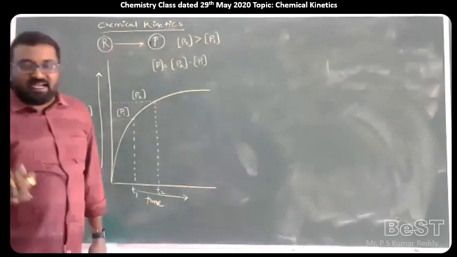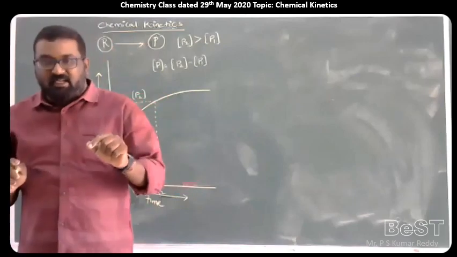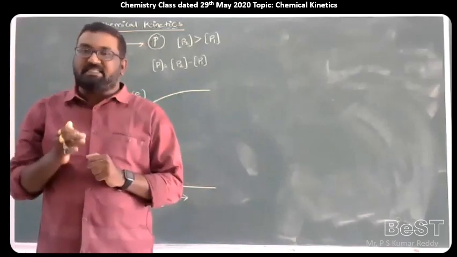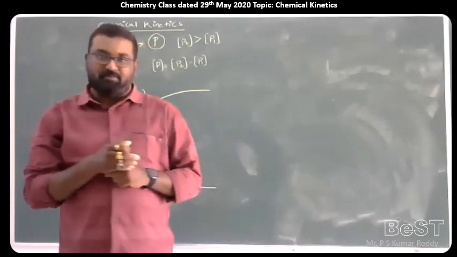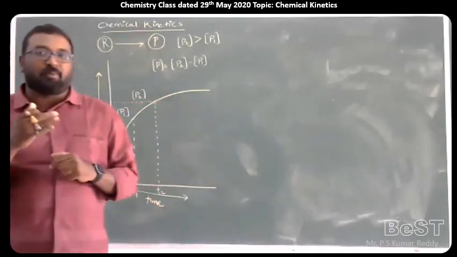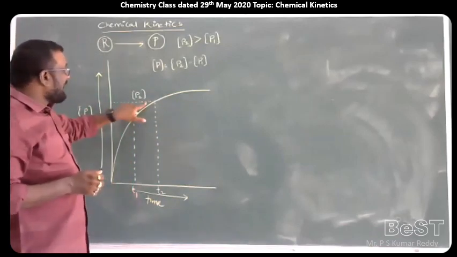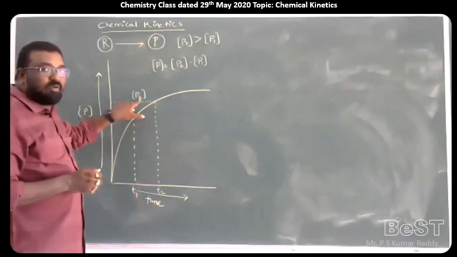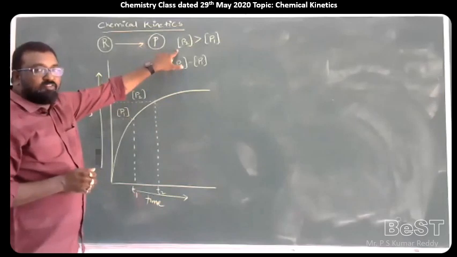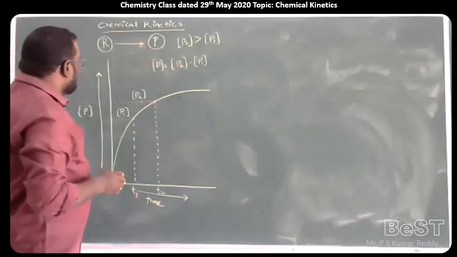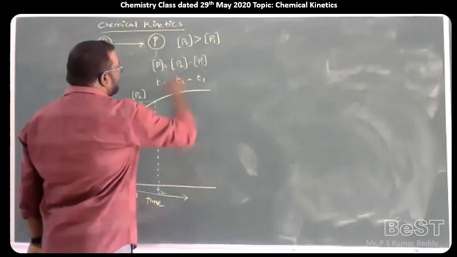Why is P2 greater than P1? Because when the reaction is proceeding, the concentration of the product is increasing. So automatically at T2 time, the concentration of the product will be more. So P2 is greater than P1. And delta T is equal to T2 minus T1.